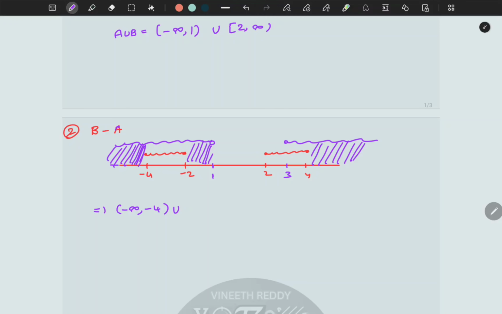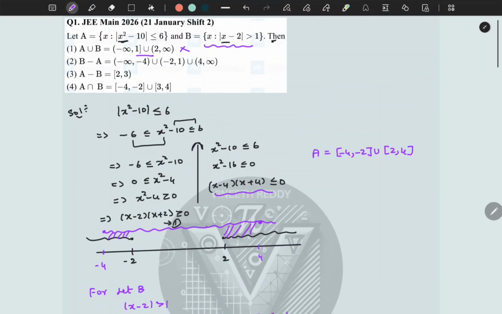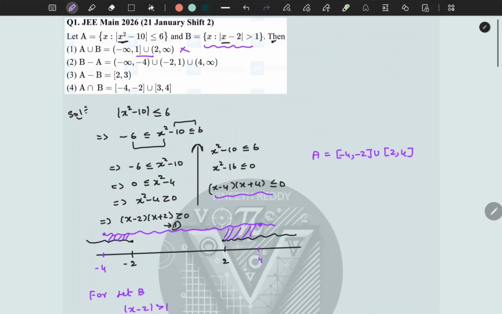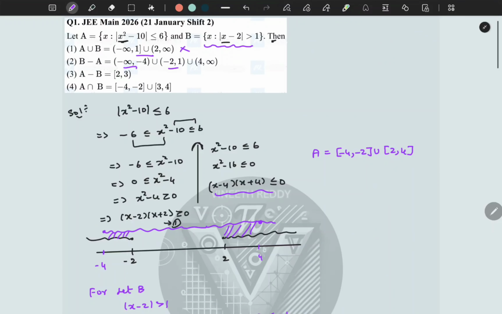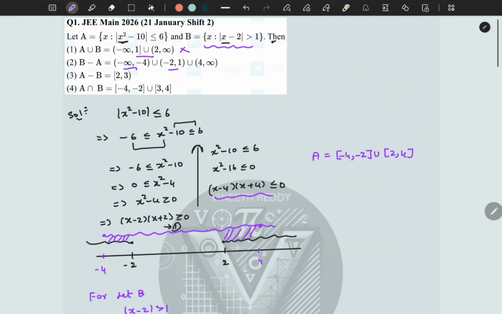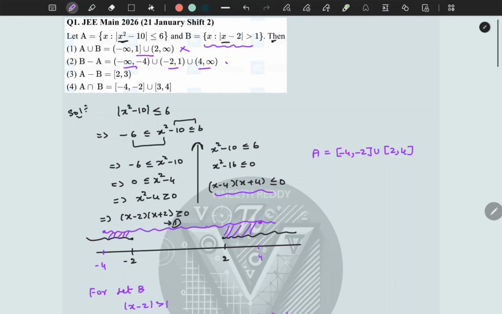Now minus 2 also will be subtracted, correct? So it will be minus 2 to 1 union, and 4 also will be subtracted, so 4 to infinite, all the brackets are open. So what is there here? Minus infinity to minus 4 is present, minus 2 to 1 is present, and 4 to infinite is also present. That means option B is correct.